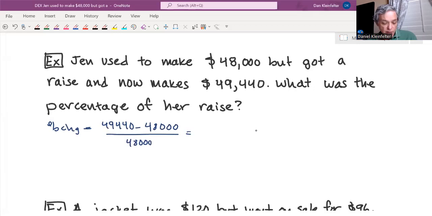So that was a dollar amount increase of $1,440 out of the $48,000 she made before. And that's a 3% increase. She got a 3% raise.